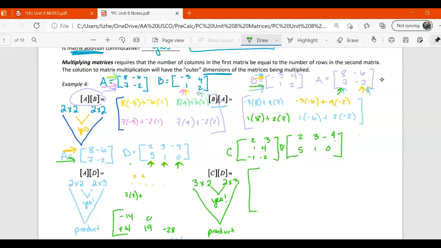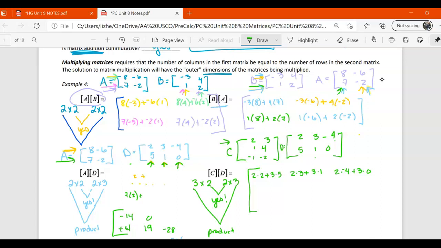All right, so I'm going to do first row, first column. 2 times 2 plus 3 times 5. First row, second column. 2 times 3 plus 3 times 1. First row, third column. 2 times a negative 4 plus 3 times 0.